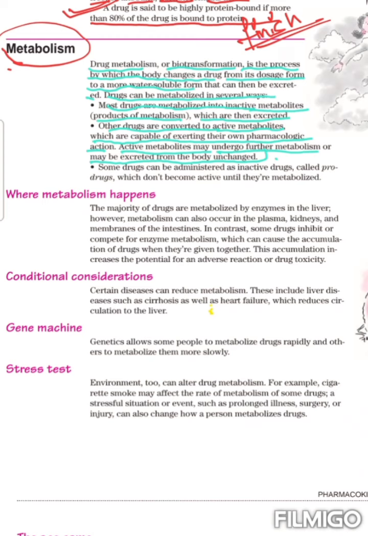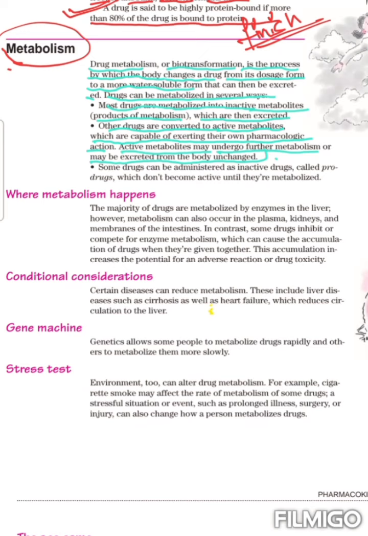Sometimes the metabolite of a drug is more active, and that shows the pharmacological response. Here the point is written: most drugs are metabolized into inactive metabolites, which can be excreted from the body. That is one point.